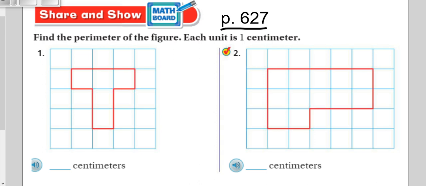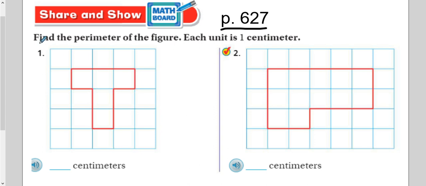Switching gears, let's go ahead and turn in your Go Math Volume 2 books to page 627. And we're going to take a look at a few examples, make sure that you're doing them correctly, give you an opportunity to change some of those answers if need be, and make sure that we're all understanding this concept of perimeter.